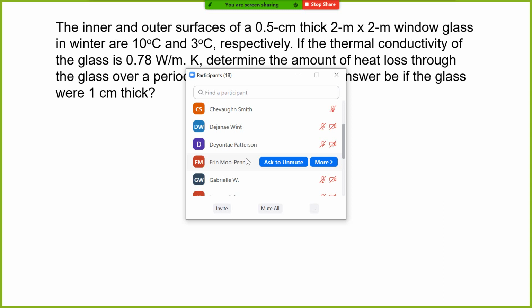I see your answer, Kerry. I see your answer, Rihanna. Yeah, you're right to say that, Kerry. Make the corrections to that.